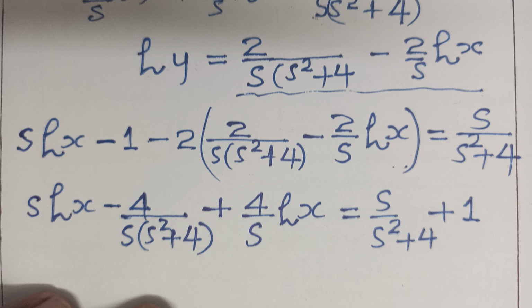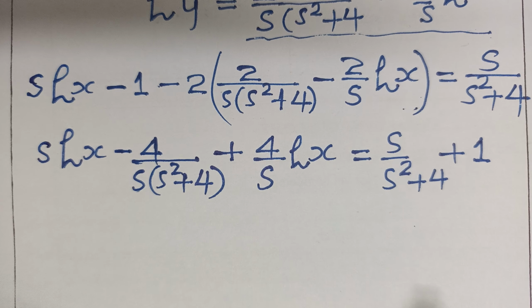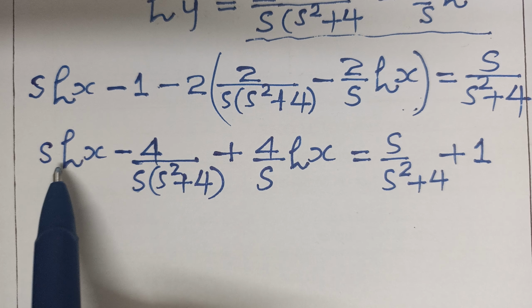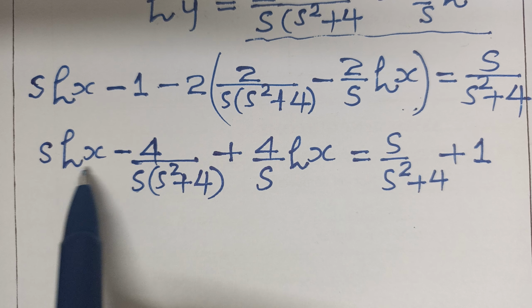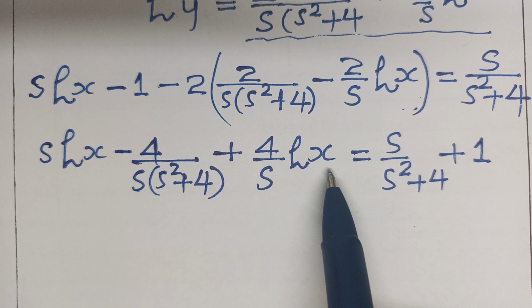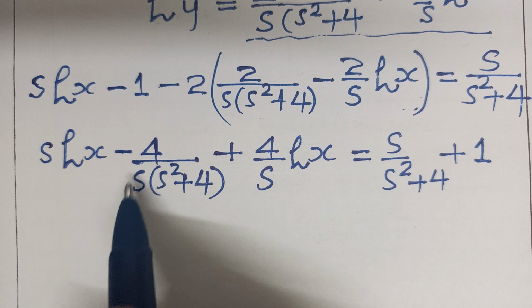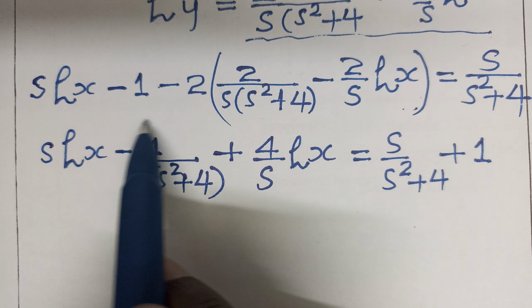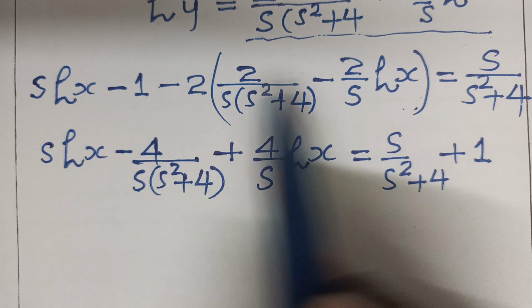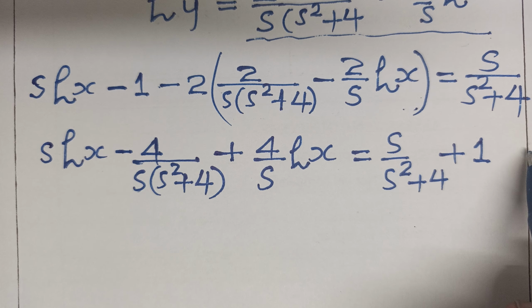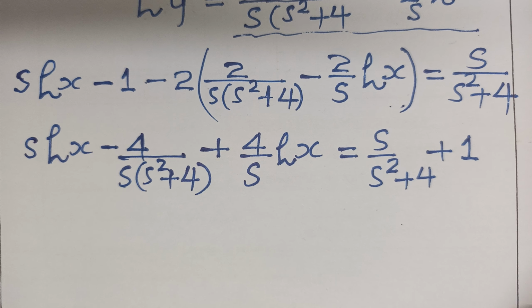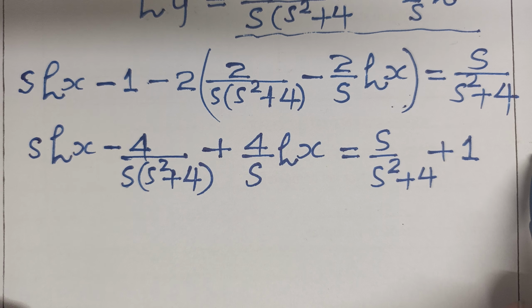From there, we now continue. We are going to factor out Laplace transform of x, and this term I'm going to make go to the other side, and when it goes to this side, it will be a plus.